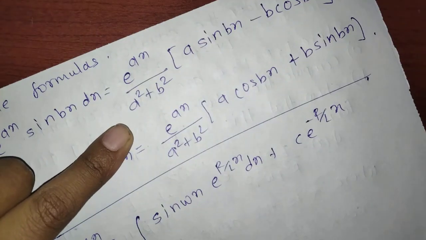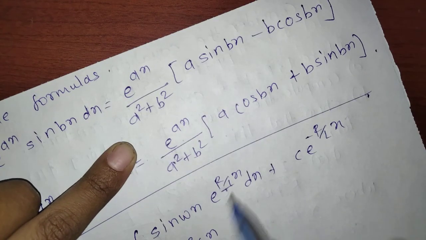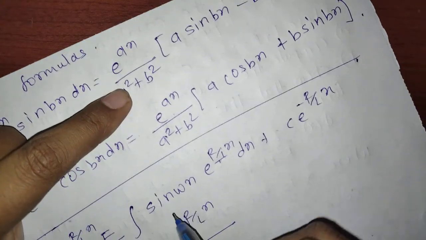Here a is R upon L and b is W. So replacing the values of a and b by R upon L and W respectively, the solution of this integration is of the type e raised to R upon L x, where a is R upon L and b is W.